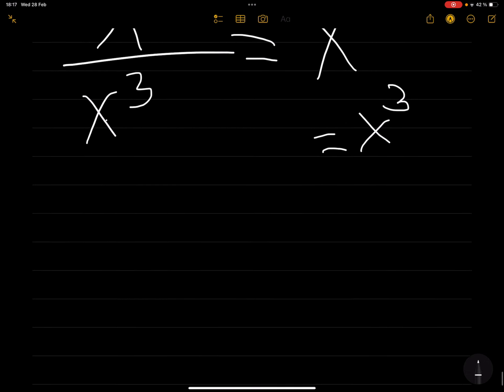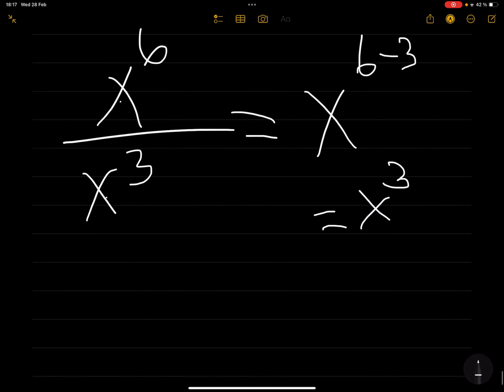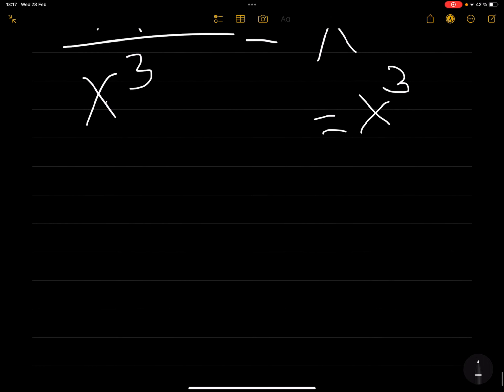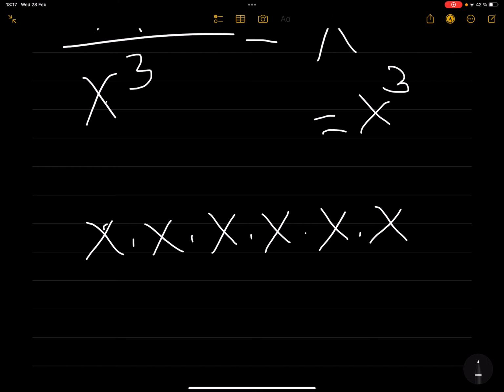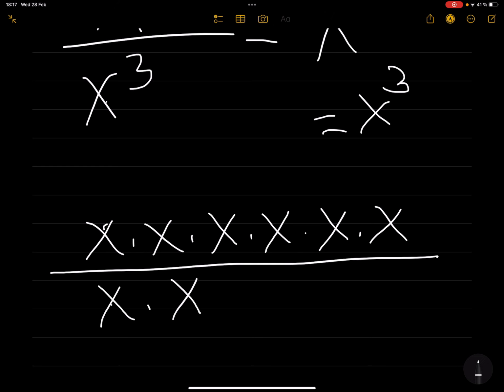If you look at it, x to the 6 is the same as x times x times x times x times x times x, 1, 2, 3, 4, 5, 6. X multiplied by itself 6 times, divided by x times x times x, which is x to the 3.